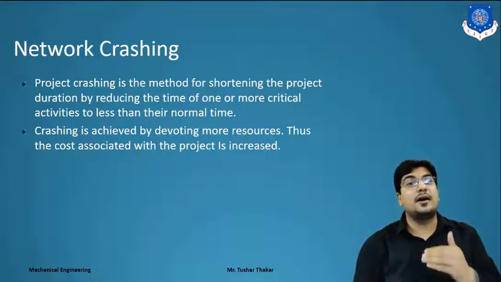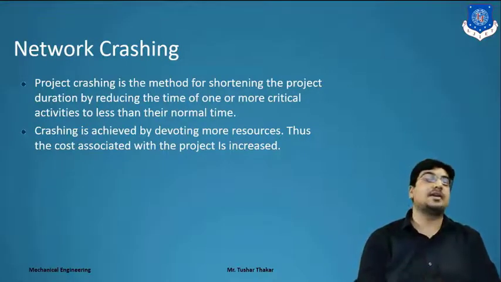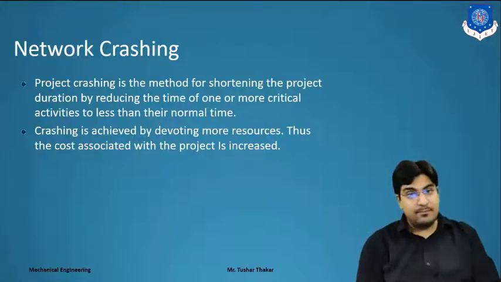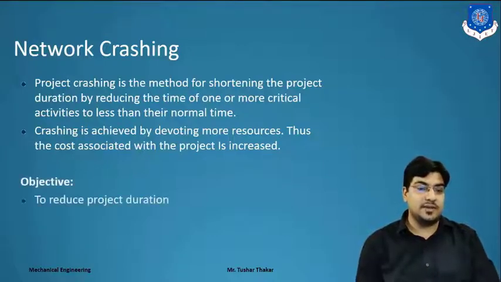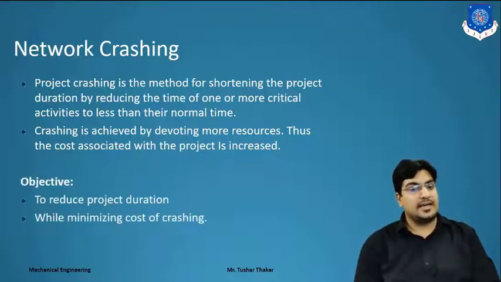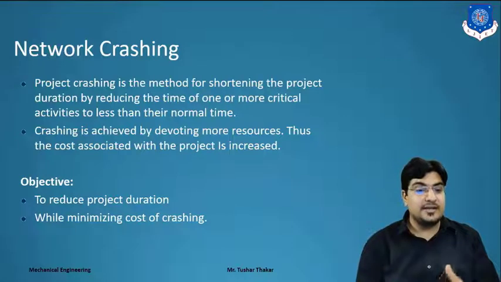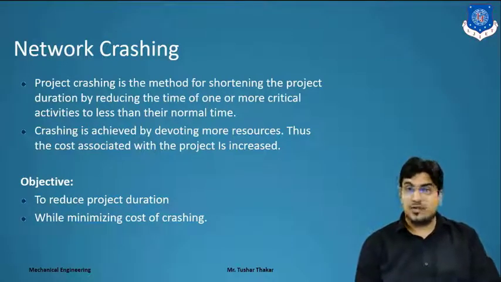We invest more money to shorten that project. That is a simple example of crashing. The main objective of project or network crashing is to reduce the project duration while also minimizing the cost of crashing.